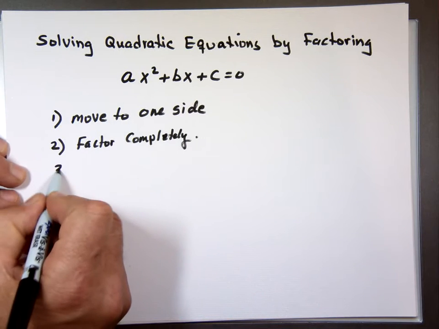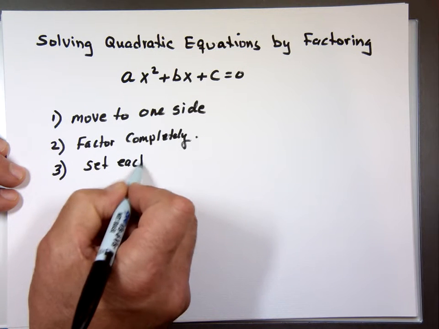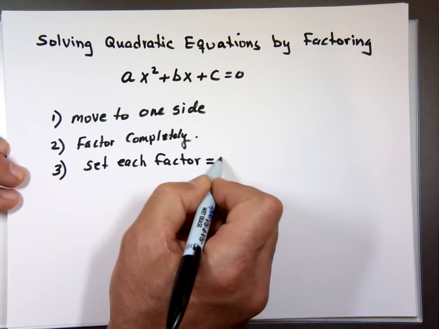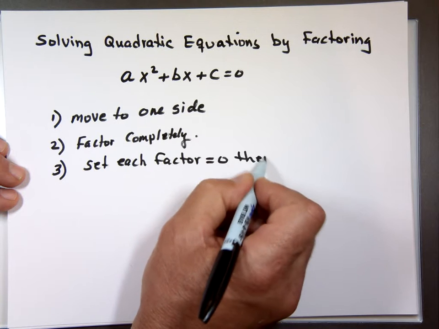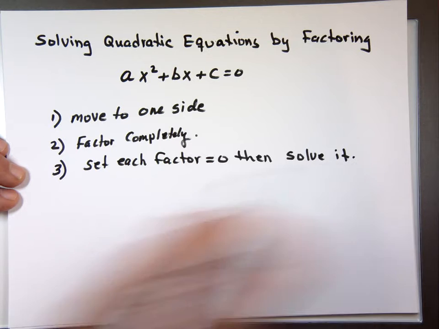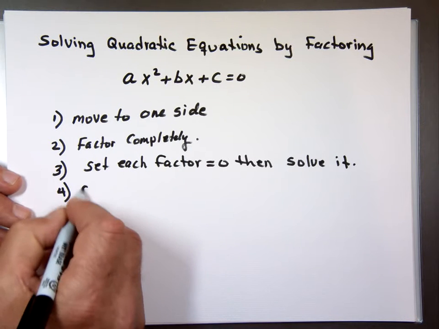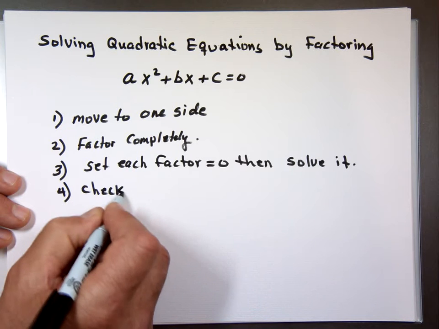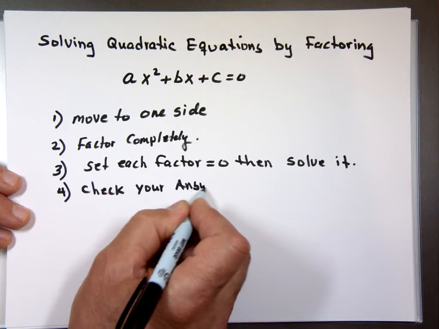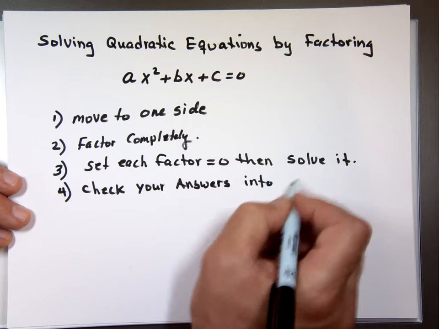Step number 3, set each factor equal to 0, then solve it. And the last step, step 4, check your answers. Make sure they work. And you always want to check them in the original equation.